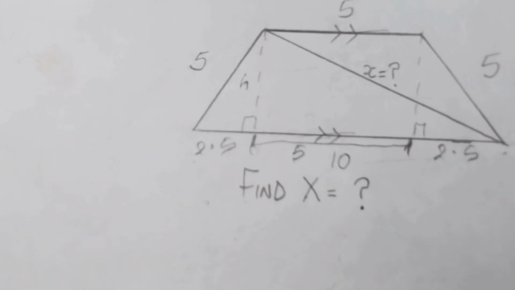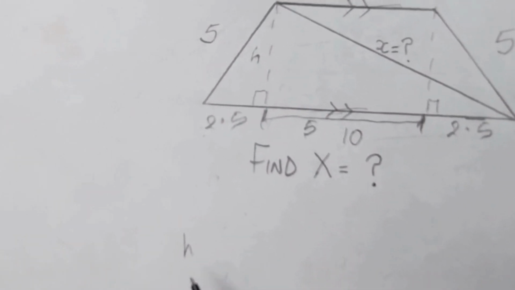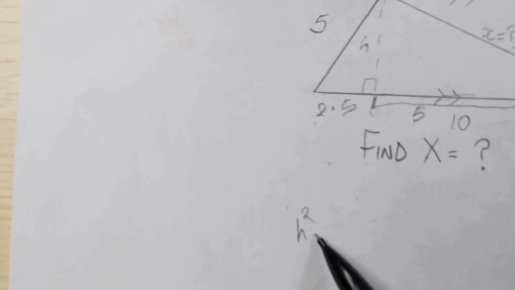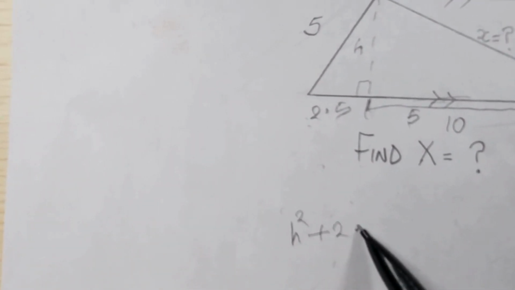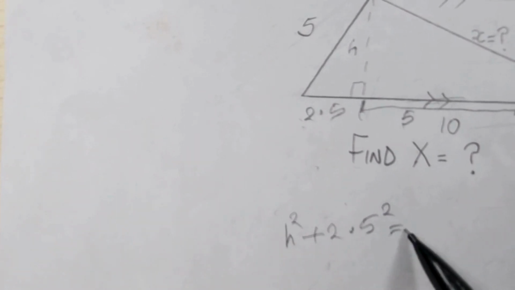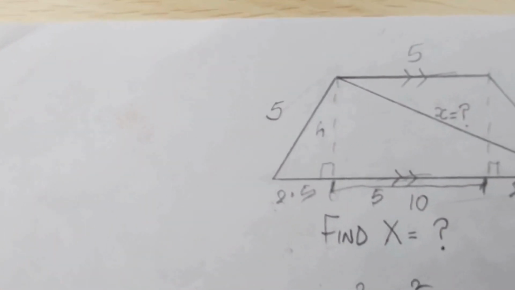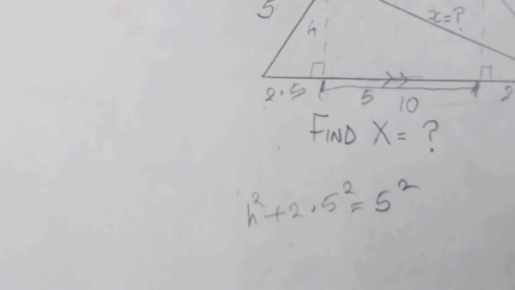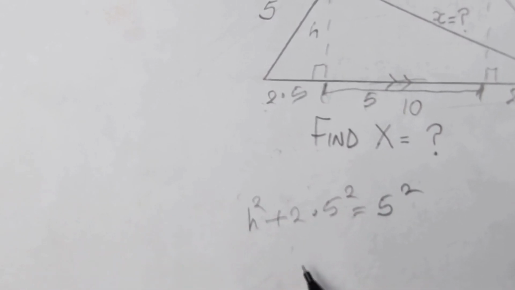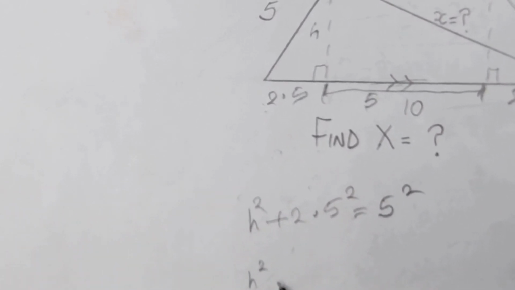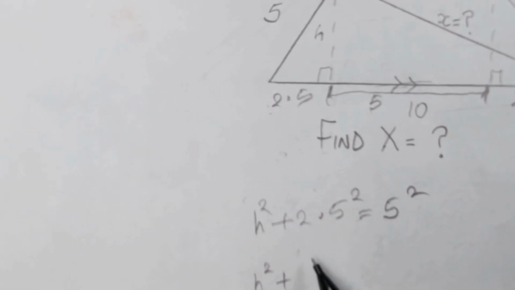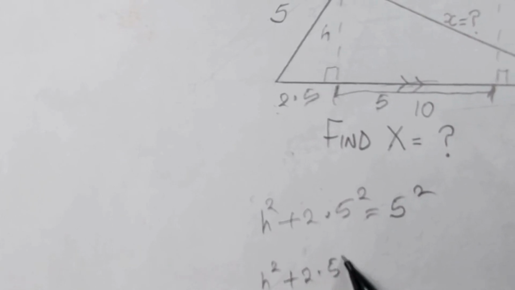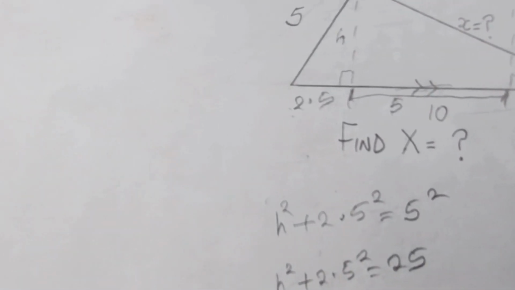So how do we find h? h squared plus 2.5 squared is equal to 5 squared. So h squared plus 2.5 squared is equal to 25.